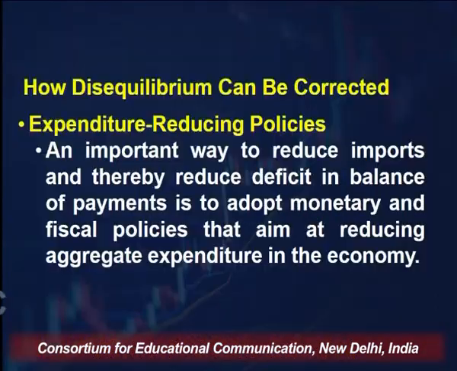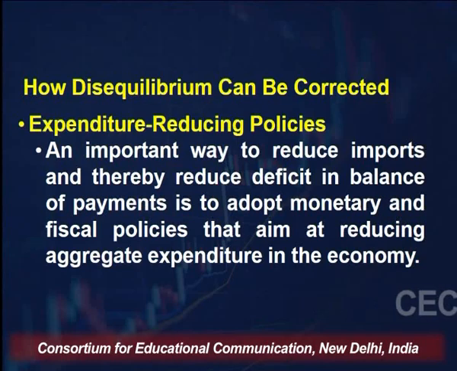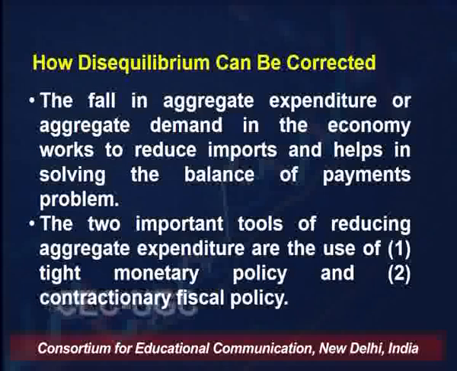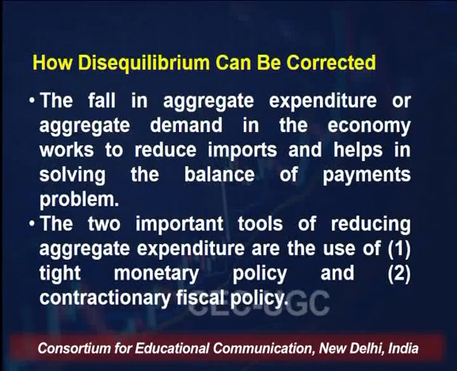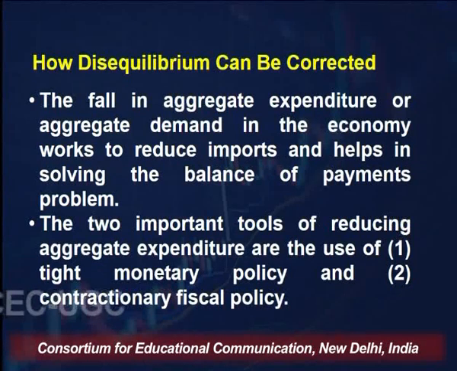An important way to reduce imports and thereby reduce the deficit in the balance of payment is to adopt monetary and fiscal policies that aim at reducing aggregate expenditure in the economy. Now, the fall in aggregate expenditure or aggregate demand in the economy works to reduce imports and helps in solving the balance of payment problem.